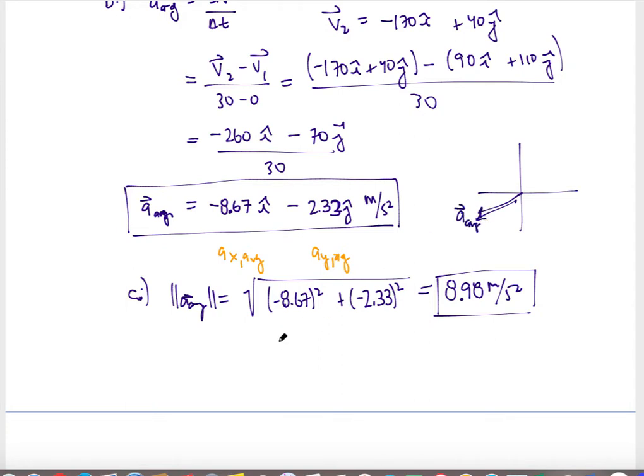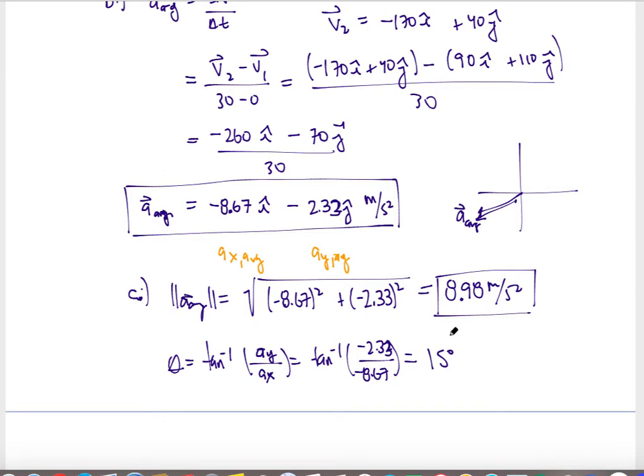So that means that my direction comes from the inverse tangent of the vertical component, which is a y over a x, and if we substitute, that is negative 2.33 over negative 8.67. This gives me an angle of 15 degrees out of my calculator.